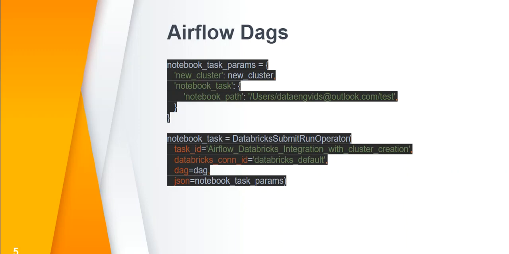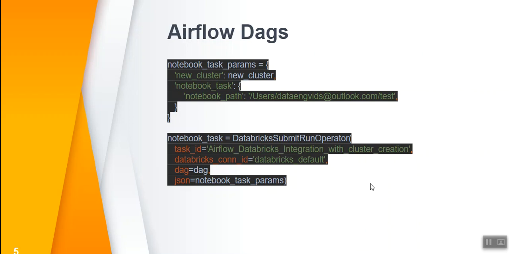Next one is the notebook task params. It's JSON parameters, which means while connecting with Databricks, you need to pass this information.